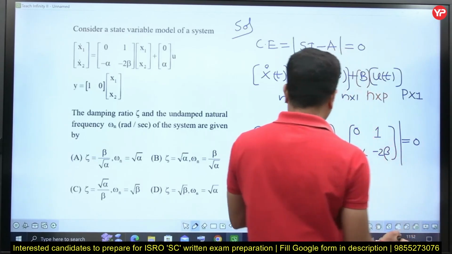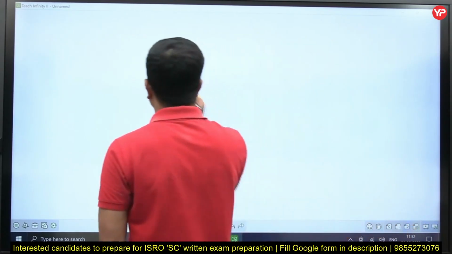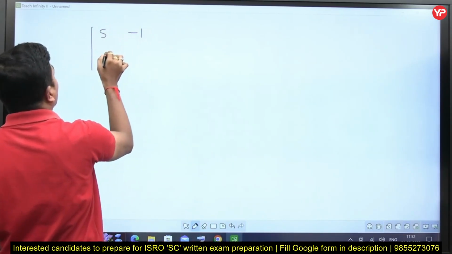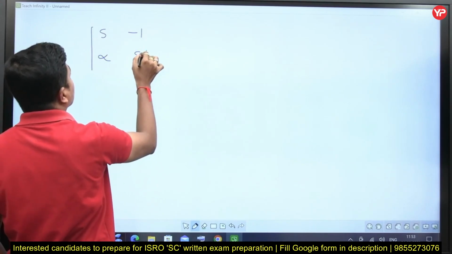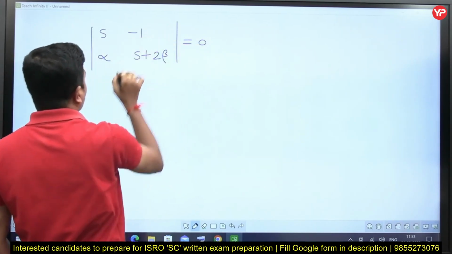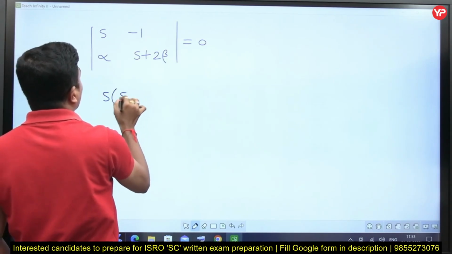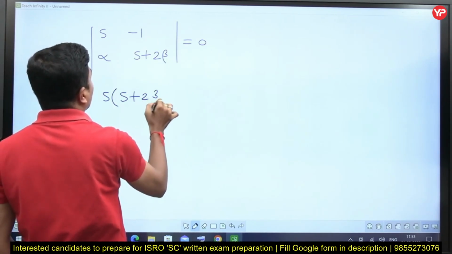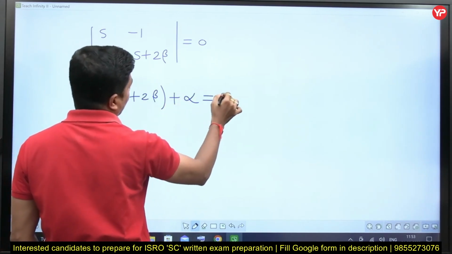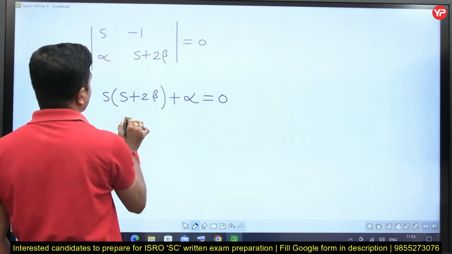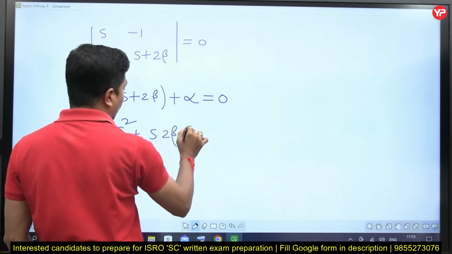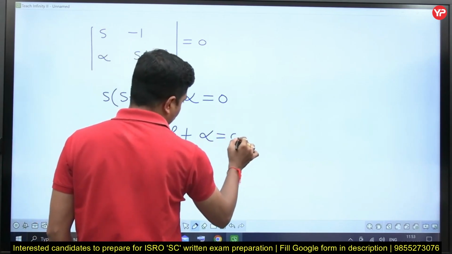Now, S into S plus 2 beta minus of minus plus alpha is equal to 0. So, S square plus 2 beta S plus alpha is equal to 0.